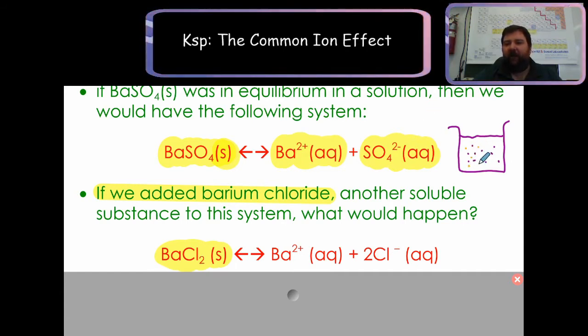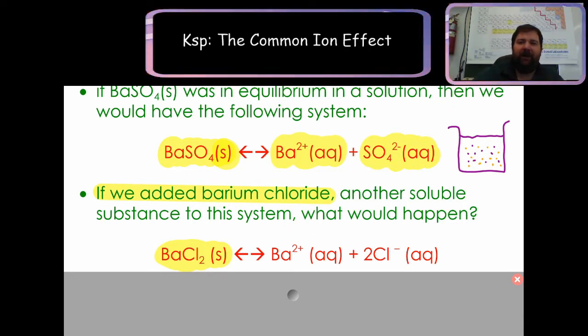And these ions are completely dissolved in this solution. There's no solid here, but we know that if we add any more, there's going to be too many ions, and those ions are going to precipitate. They're going to form a solid.